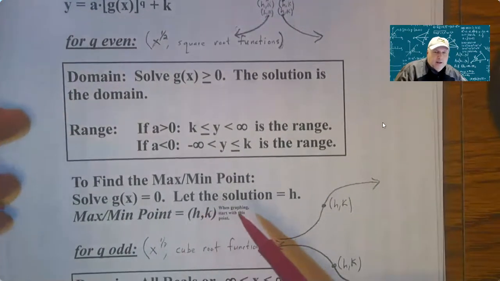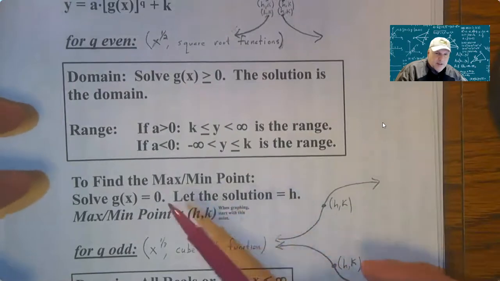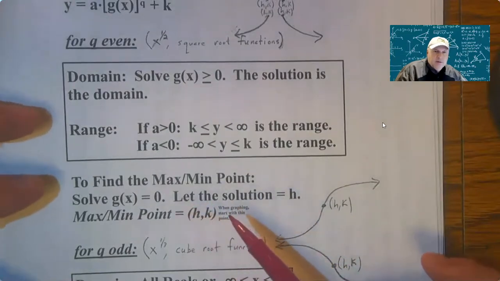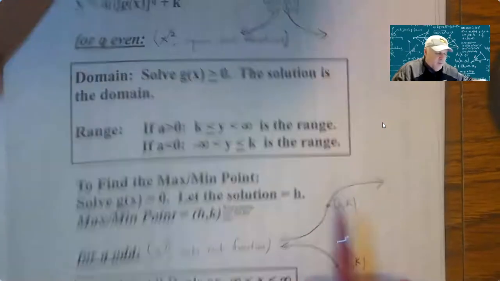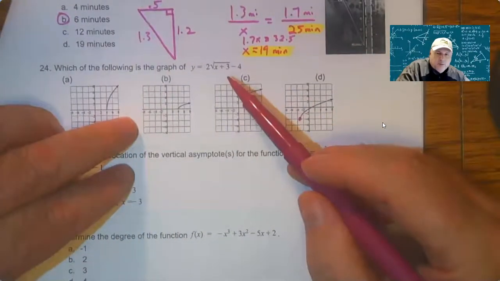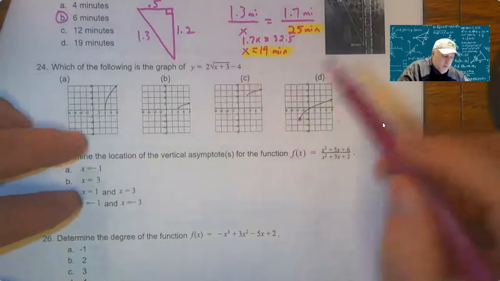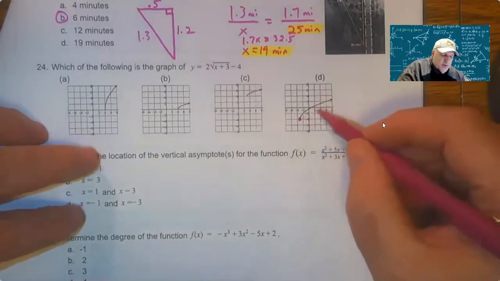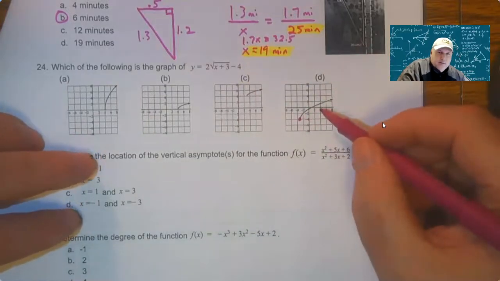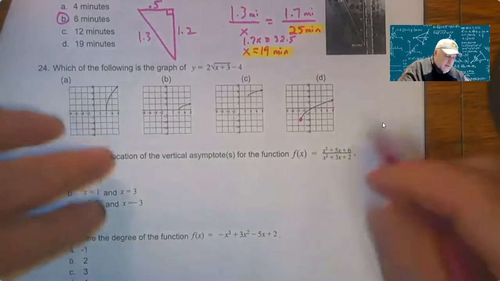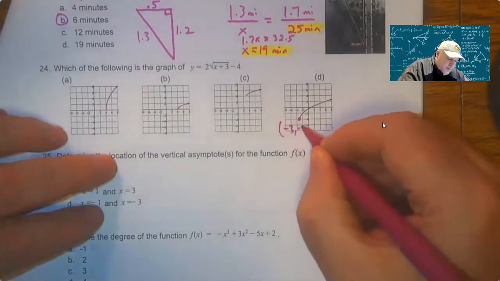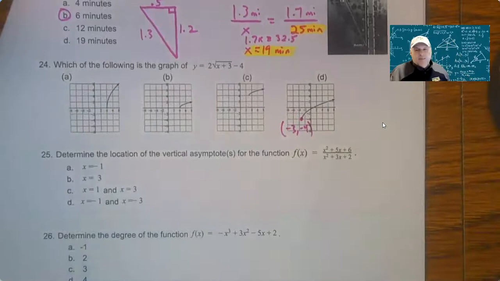To find the max and min point, take the inside of g of x equal to 0. So x plus 3 equals 0, you get -3. So -3, -4 is your min point where this thing starts. That's what you always want to look at to determine the graph. You can also graph it on a graphing calculator and you would see.